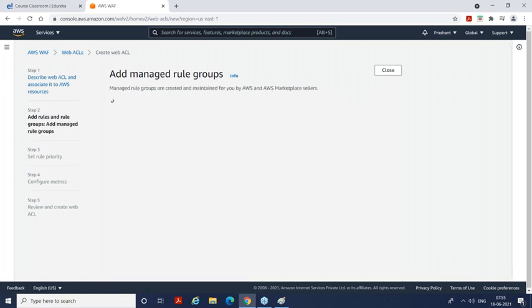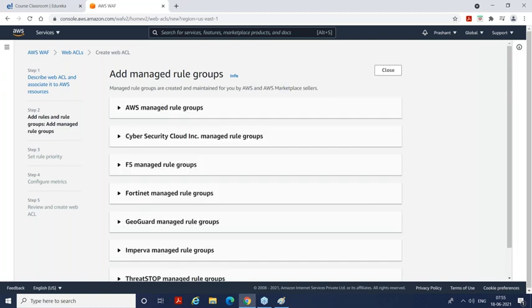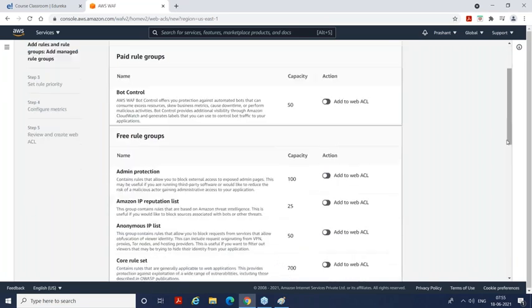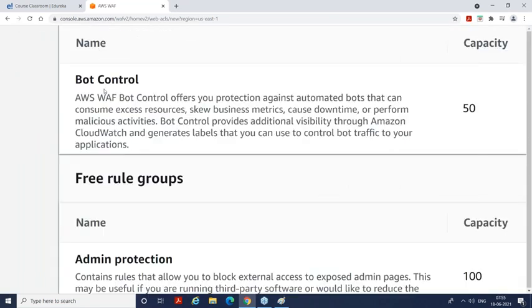So what do I mean when I say managed rules? So I was telling you, right, it has its own database. This is your database of AWS. So in managed rules, if you notice, it has a lot of predefined, pre-configured rules depending on the type of attack. For example, bot control rule.